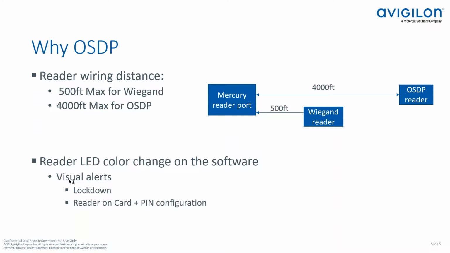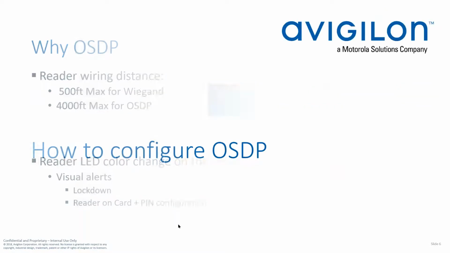So it's a physical thing, and you only have those options. With OSDP, I'm going to show you in just a little bit, you can actually have more colors, and I can control that on the software side. So it makes it a lot easier to control colors in that sense. Okay, all right, so let's go ahead and move on.